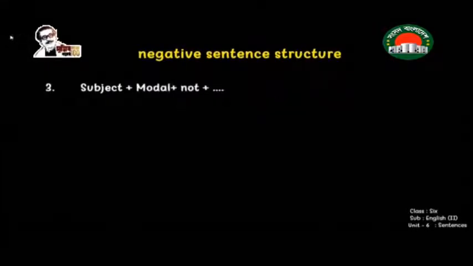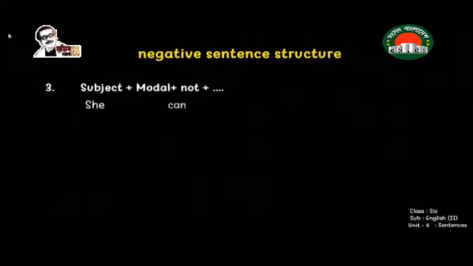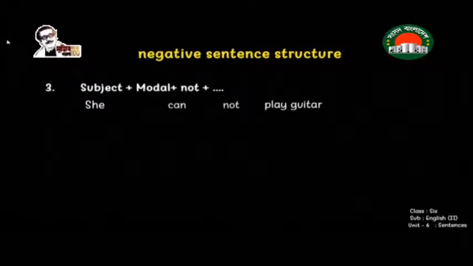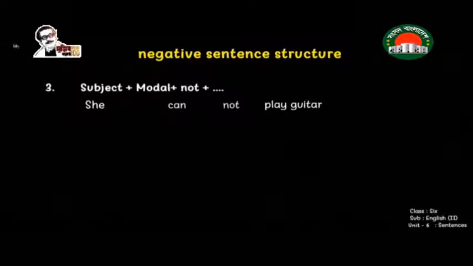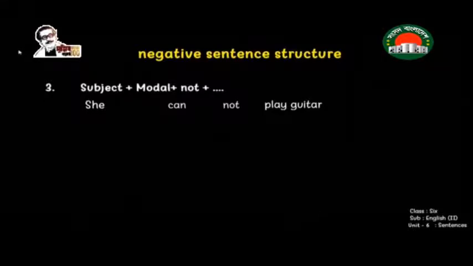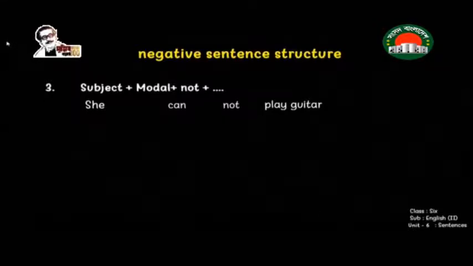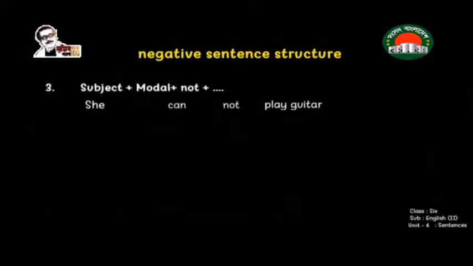See the next structure: subject, modal, then not, and then other part. So the sentence can be, she cannot play guitar. So here can is the modal and she is the subject, and the sentence is she cannot play guitar. We get the structures, now the practice time.